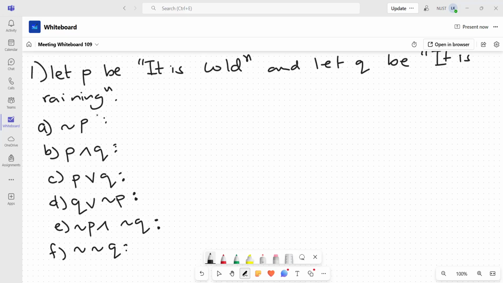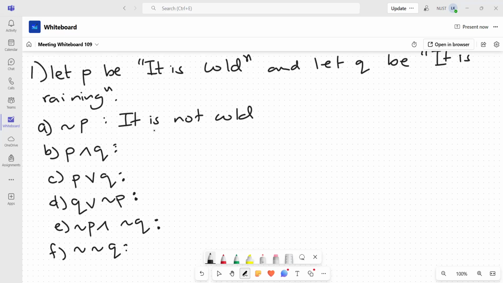All right, so not P, what does not P mean? If we write a sentence, this would be it is not cold. So it is not cold, or you could say it is false that it is cold, but of course saying it is not cold sounds more grammatically correct. So try and always write the sentence that sounds more grammatically correct.